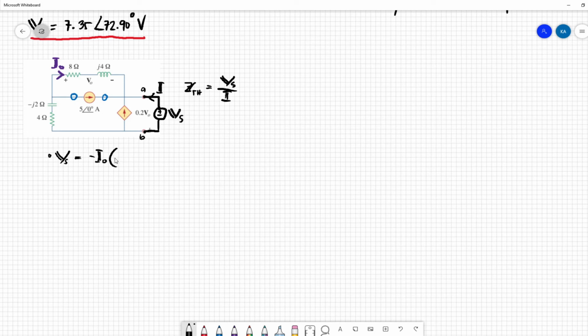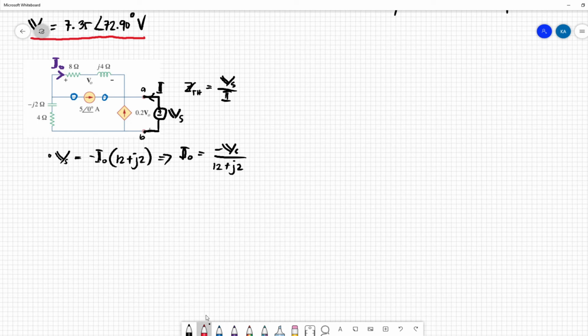So we have IO times 12 plus j2. For our IO, negative Vs over 12 plus j2.